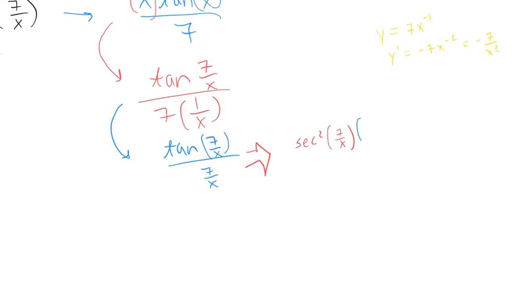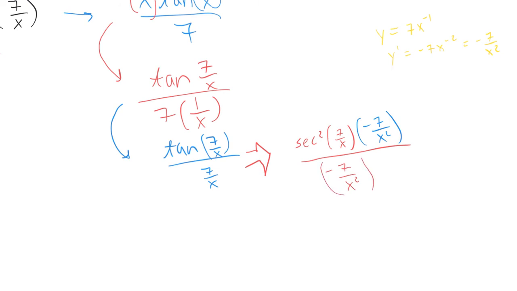So that would get tacked on at the end. We'd have negative 7 over x squared as well, being multiplied to the secant squared, 7 over x. And over here, we would have that very same derivative actually down below. So that would become negative 7 over x squared.